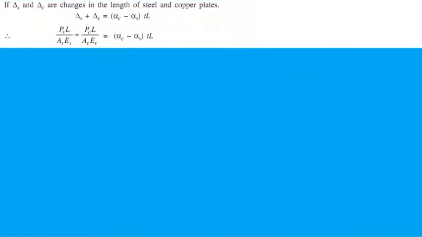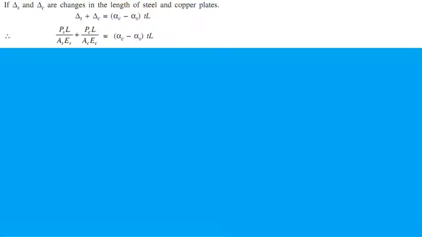So if delta S and delta C are the change in length of steel and copper plates, the total change in the composite bar, delta S plus delta C, can be written as alpha C minus alpha S into T into L, because alpha C is greater than alpha S. Therefore delta can be written as PL by AE.